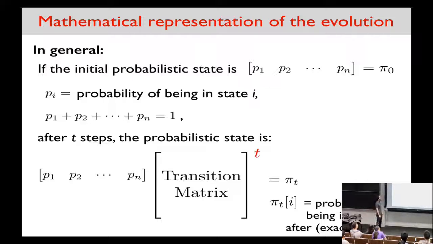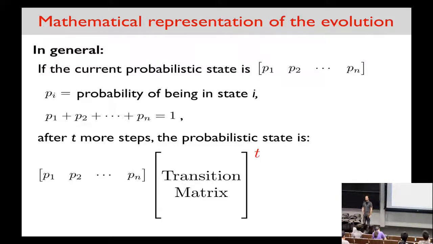And you don't have to think about this initial probabilistic state as an initial probabilistic state. You can say, if my current probabilistic state is p1 to pn, and I take t more steps, then this is the probabilistic state that I will end up in.